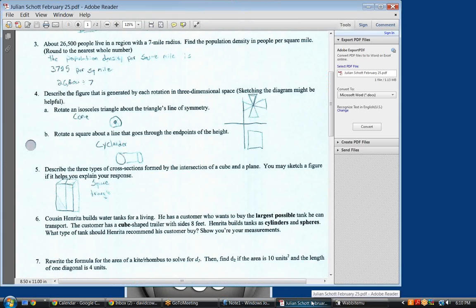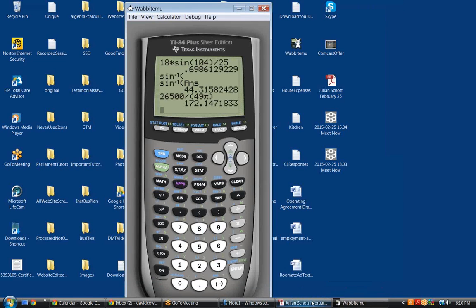172. They want you to round this to the nearest whole number. So what is it? Your volume dropped way off. There you go. Yeah. Alright, would it just be 172? Yeah.